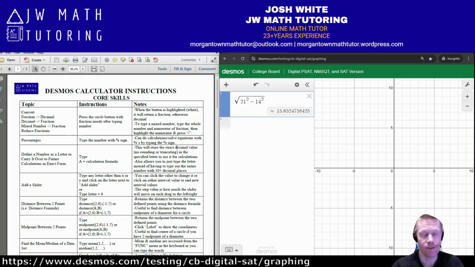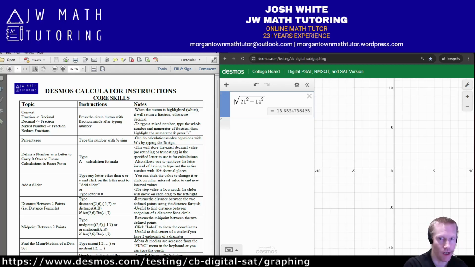So the point is, if you need to do some type of calculation with this number, what you do is you define this as whatever you want. Basically, you can't use lowercase x or lowercase y or lowercase r. Those are already defined. But you can use any capital letters or any other lowercase letters.